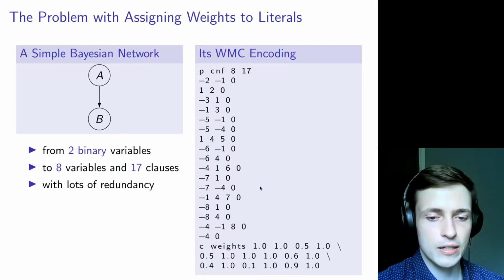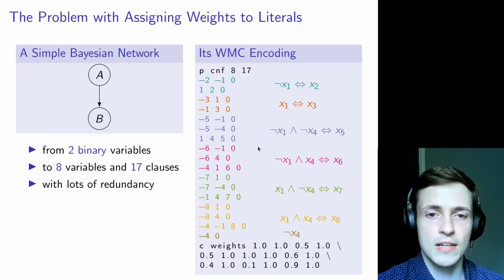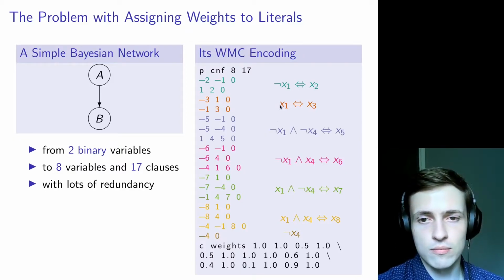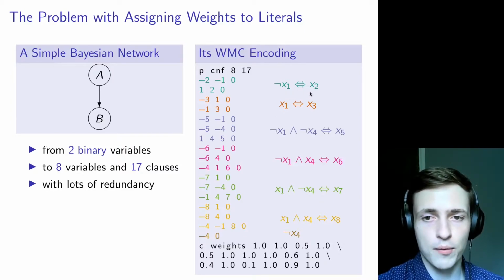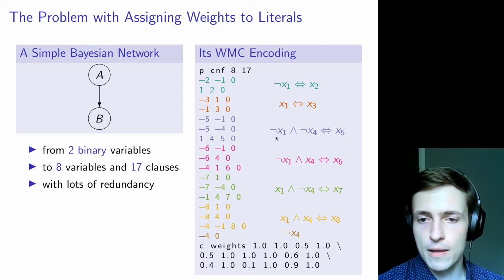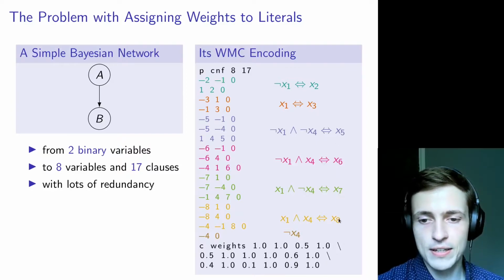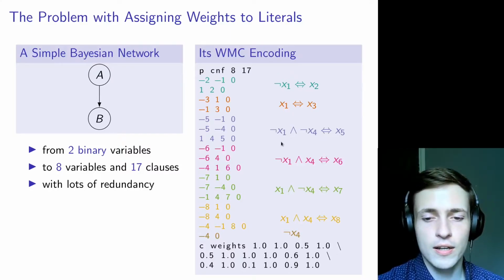And if we look at this instance in more detail, we can notice all kinds of redundancies. So for example, not x1 is defined to be equivalent to x2. x1 is defined to be equivalent to x3. And we have a new variable which is defined to be equivalent to each possible conjunction of x1 and x4.